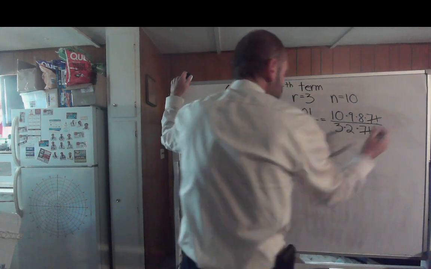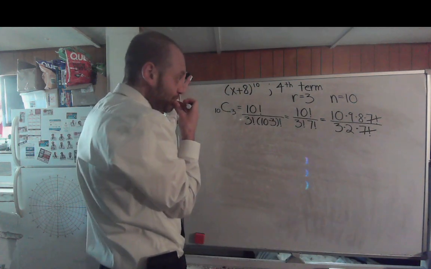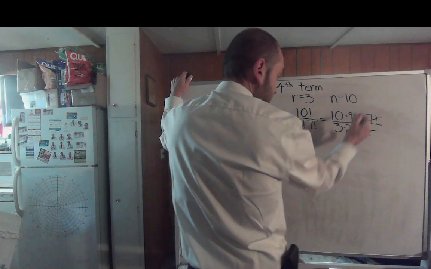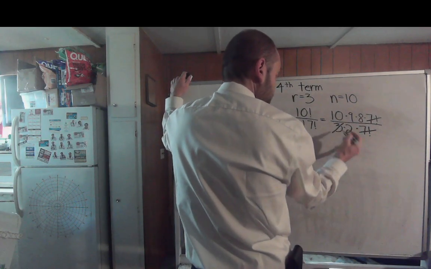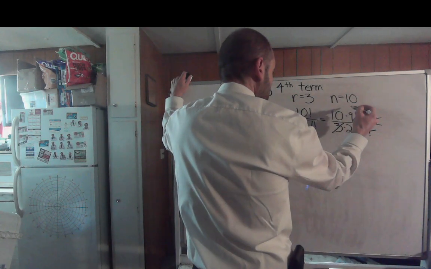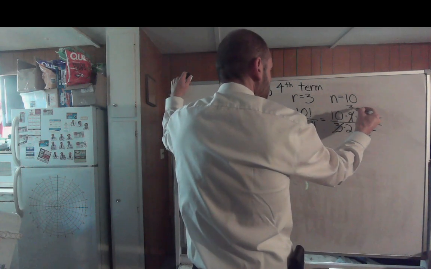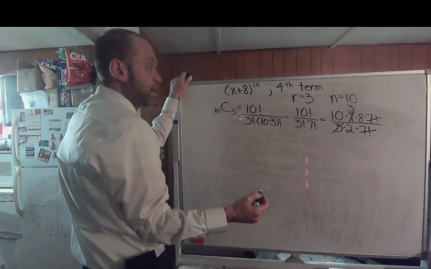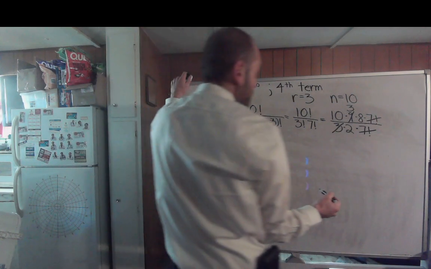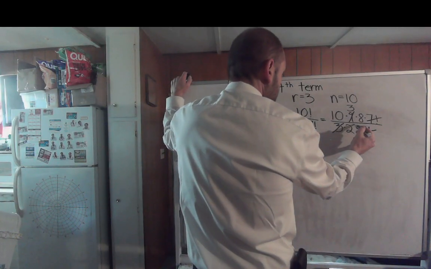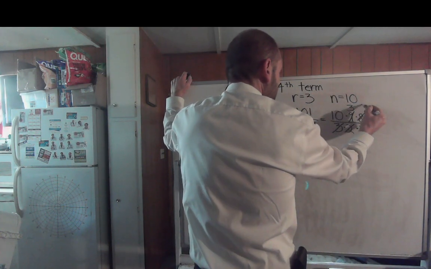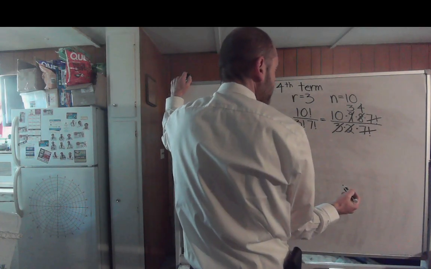Okay, well, notice your 7 factorials are going to cancel out, right? Now 3 goes into 9 3 times, so your 3 will cancel out in the denominator. This 9 will turn into a 3 in the numerator. And then, well, 2 goes into 8 4 times, so that 8 could turn into a 4.